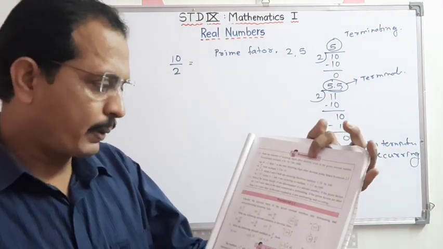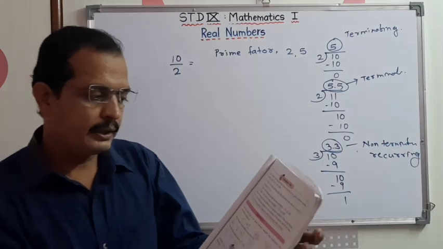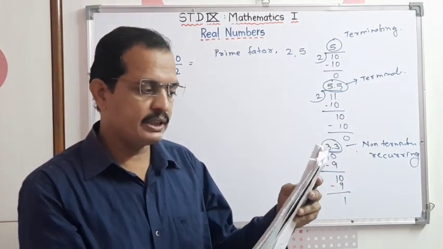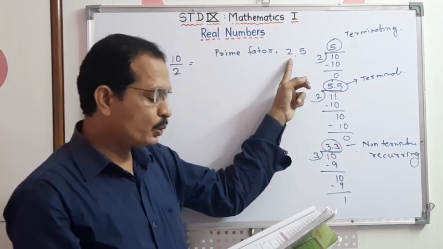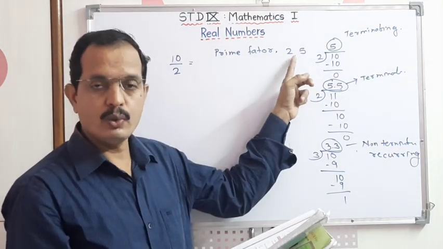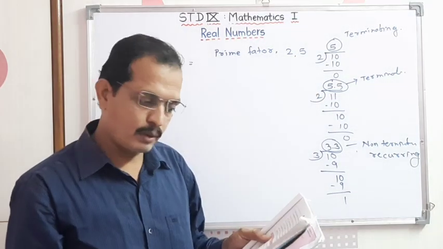If the prime factors are 2 or 5 only, then its decimal expansion is terminating.